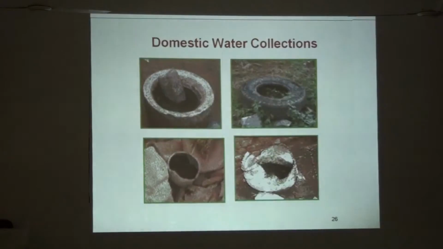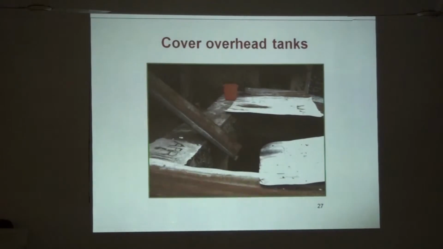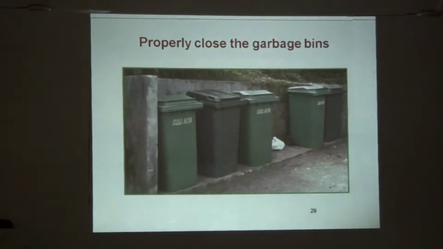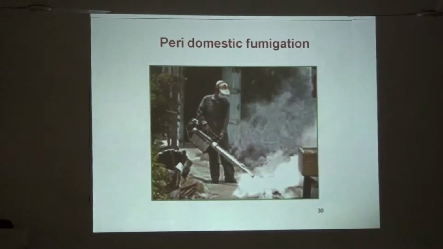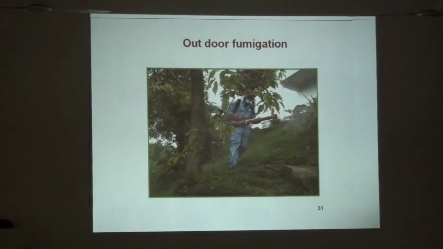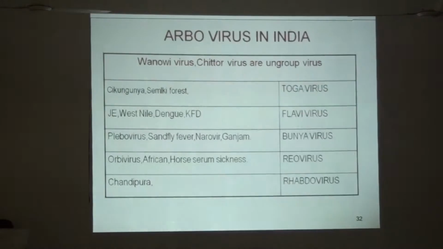Correct the leaking taps and remove the water from domestic water collections. Cover the overhead tanks and properly close the garbage bins, and do peri-domestic fumigations and outdoor fumigations. These are all required to control the vector.